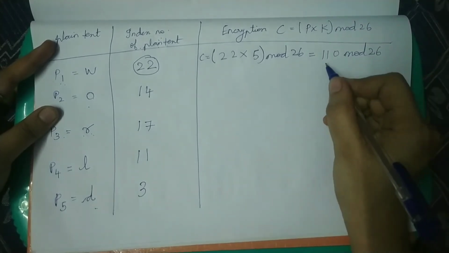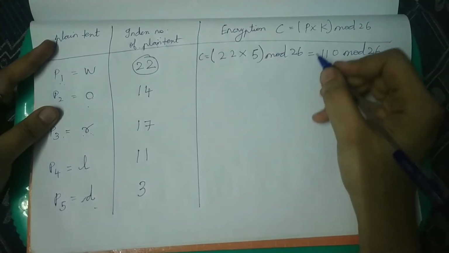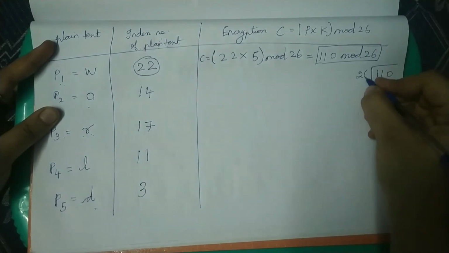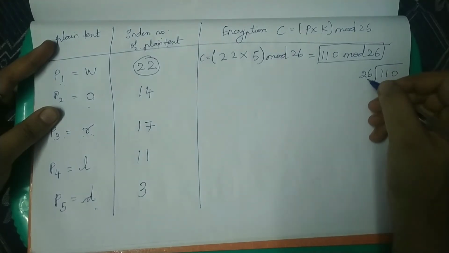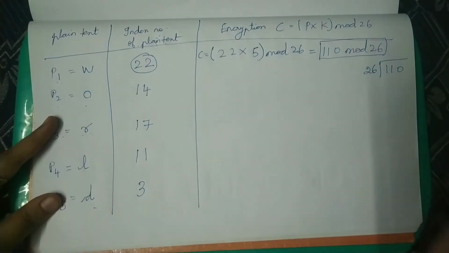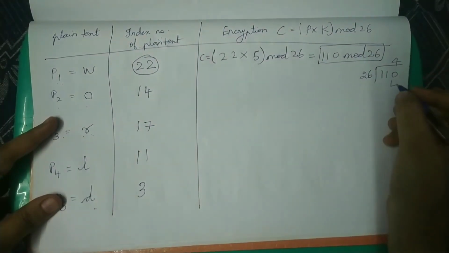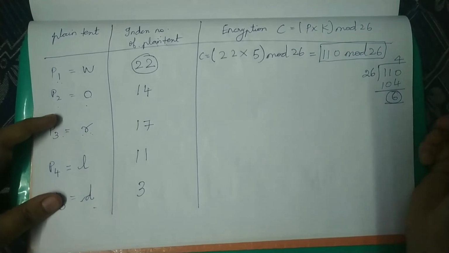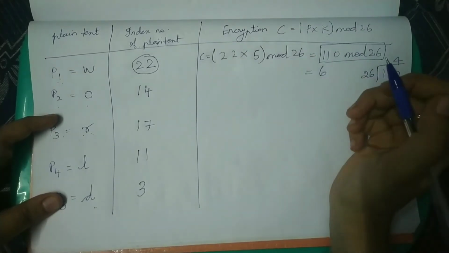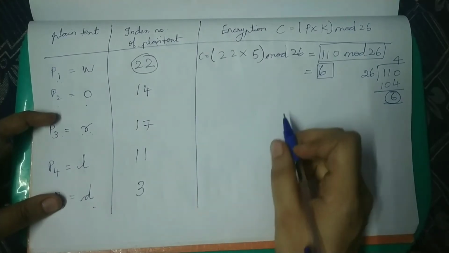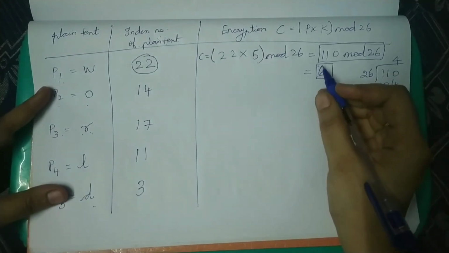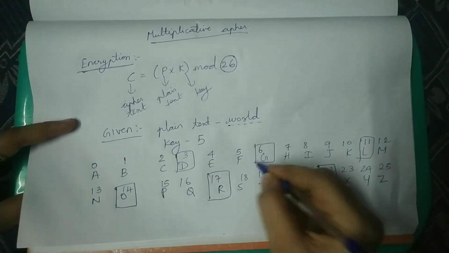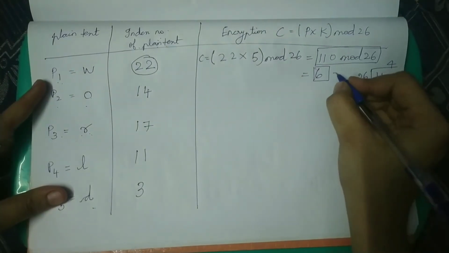When we divide 110 by 26, we'll get a remainder, and that is the answer. 110 divided by 26 will go 4 times, so 104, and you'll get the remainder as 6. So this is the answer for the first one. Now we should look at the corresponding alphabet for the number 6. For 6 it is G. So I should write G over here.